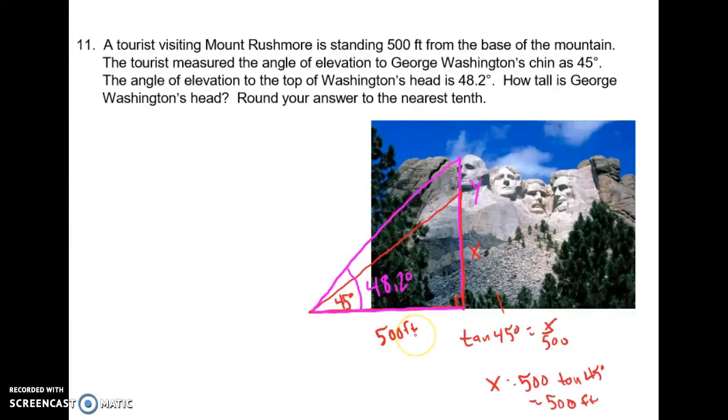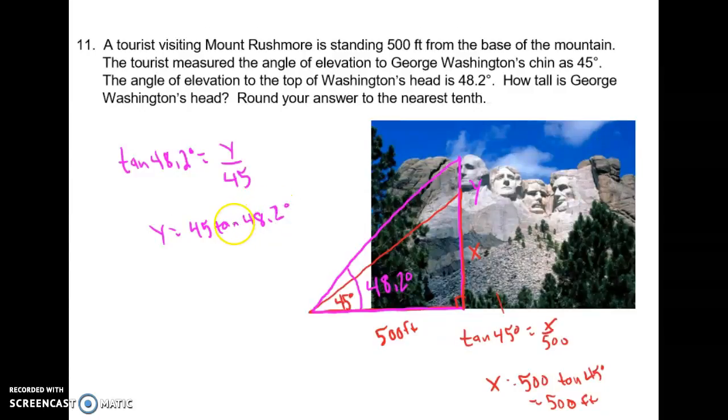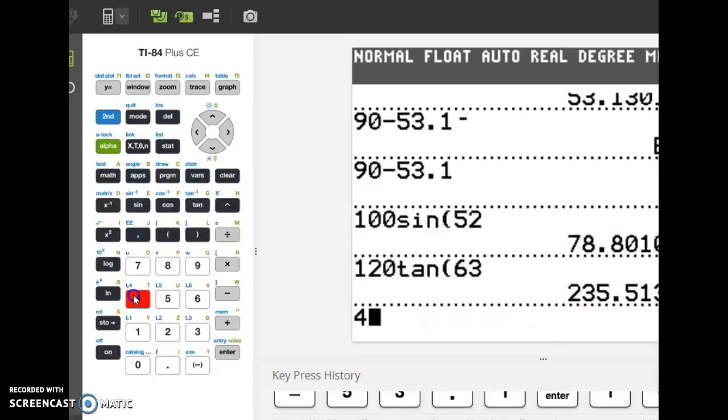We still have that 500, so now our setup is going to be tangent of 48.2 degrees is the opposite side, which is y, over 45. Again, that's over 1, so I can cross multiply. I'm going to multiply 45 times the tangent of 48.2.